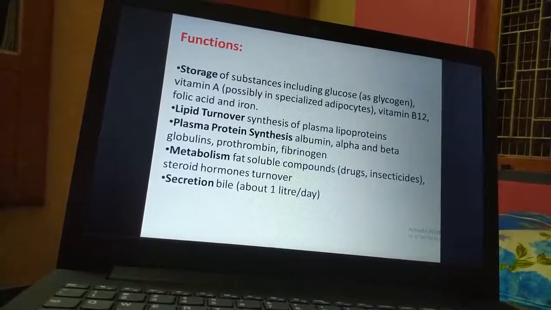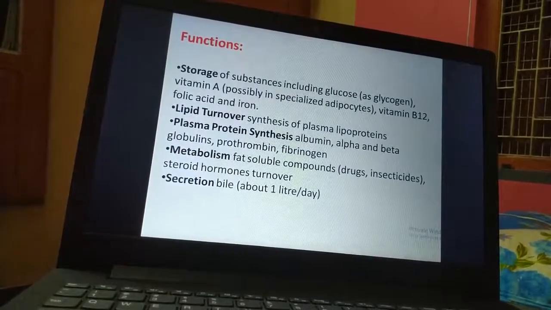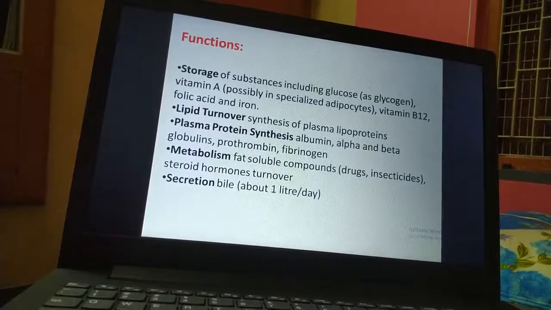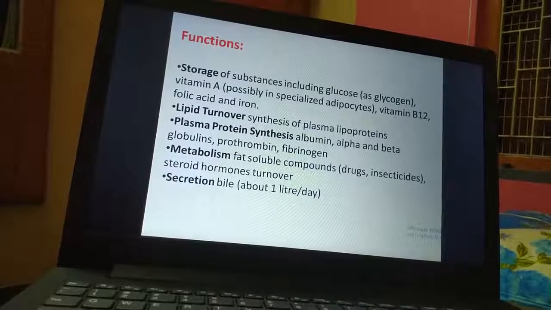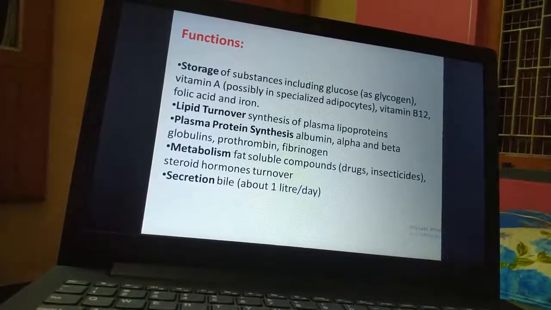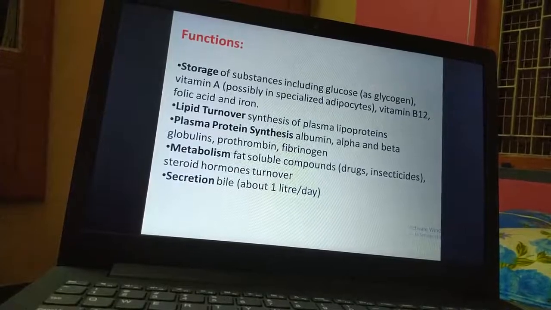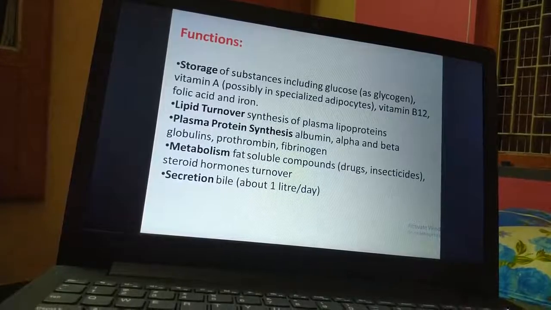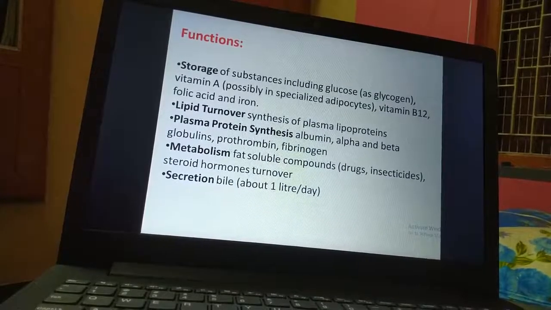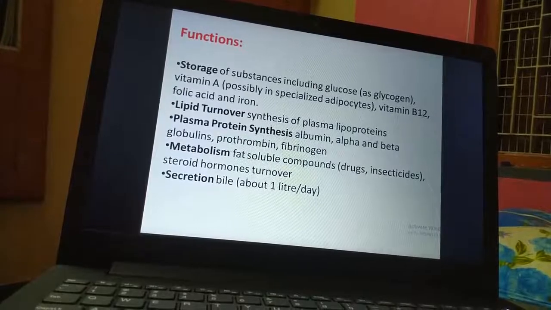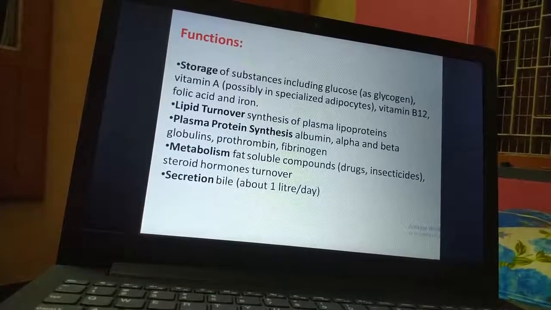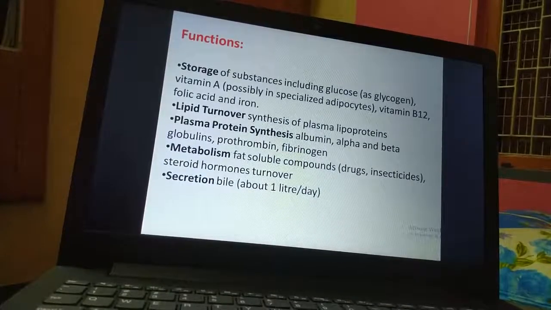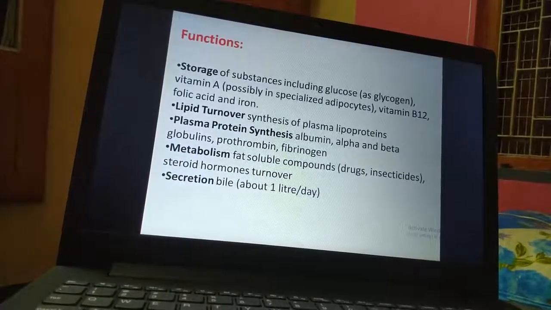Mostly we all know that glucose is stored in the form of glycogen in the liver. Then vitamin A, vitamin B12, folic acid, and iron are also stored in the liver. Synthesis of plasma lipoproteins is also a major function of the liver, and plasma protein synthesis, like albumin, alpha and beta globulins, prothrombin, fibrinogen, most of the plasma proteins are synthesized in the liver.